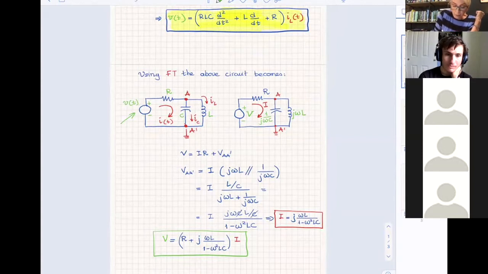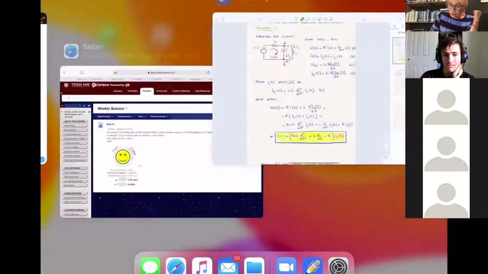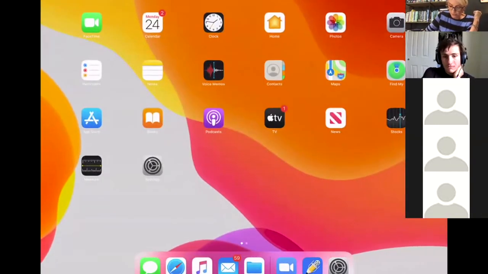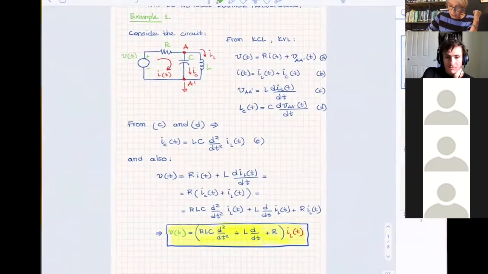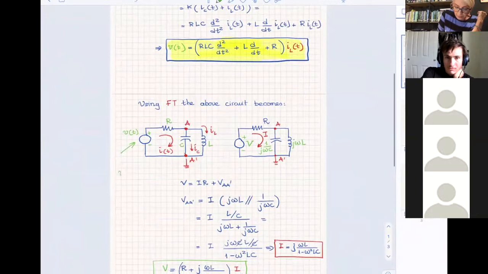So for example, V of t is V source cosine omega t.